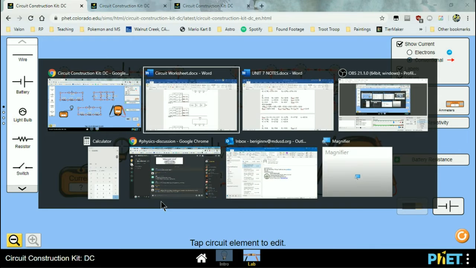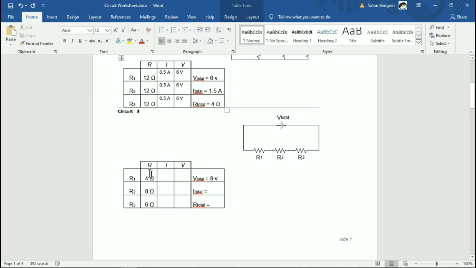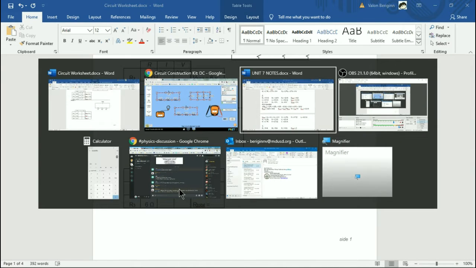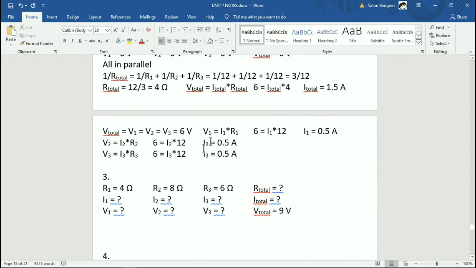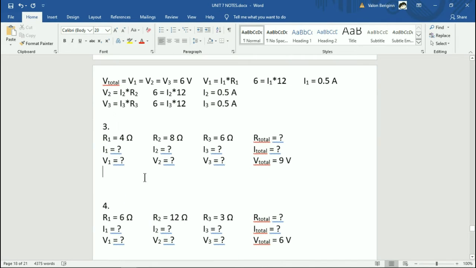Okay, next up, series again, but now the resistors are different. So we can't just copy and paste the same numbers over and over like we did before. So all in series still. So we have R total equals R1 plus R2 plus R3. So we have 4 plus 8 plus 6, which is 18. That's our total.